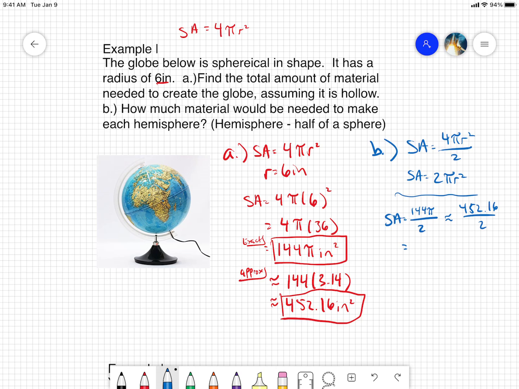And so we can either get 144 divided by 2, so 72 pi inches squared, or we can get 226.08 inches squared.